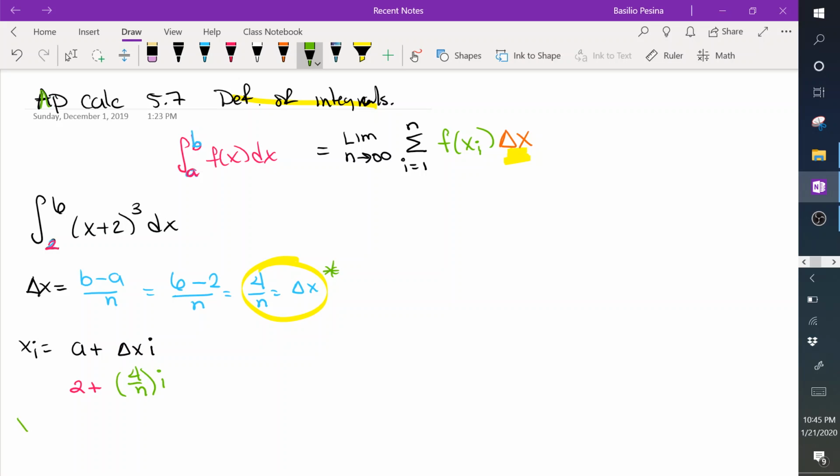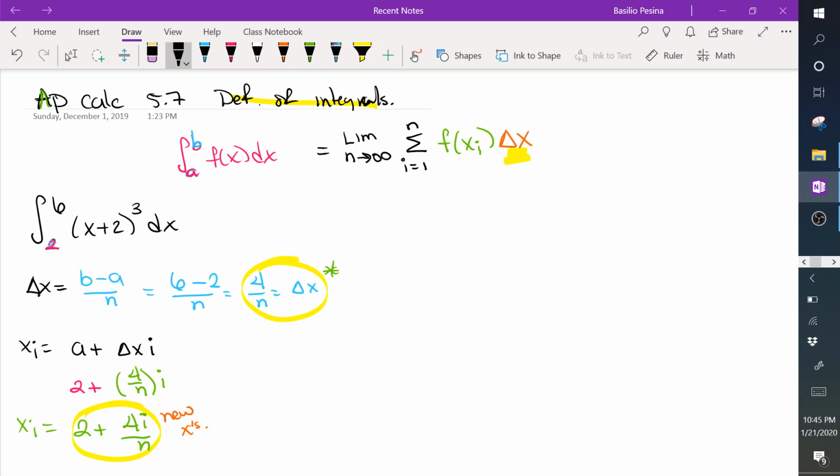Let me make this a little prettier: x sub i is going to be 2 plus 4i over n. I'm going to save this information because I'm going to need it later. And just a friendly reminder, these are my new x's.